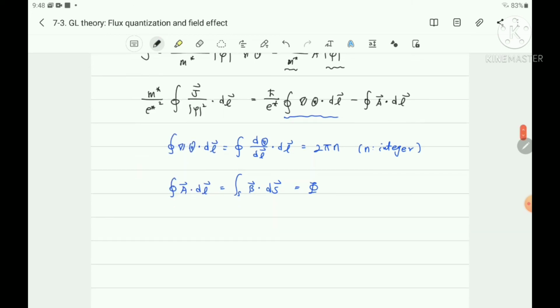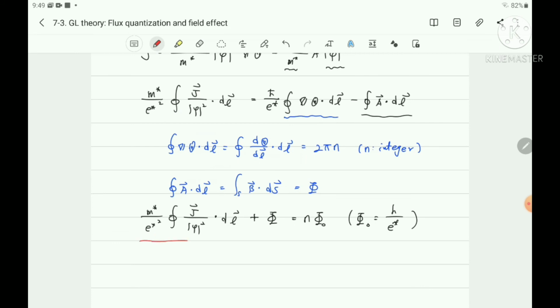Therefore, m*/e*² times the line integral of J over φ² dot dl plus the flux Φ equals nΦ0. Here Φ0 is defined as h over e*, and it is very important. We call Φ0 the flux quantum.